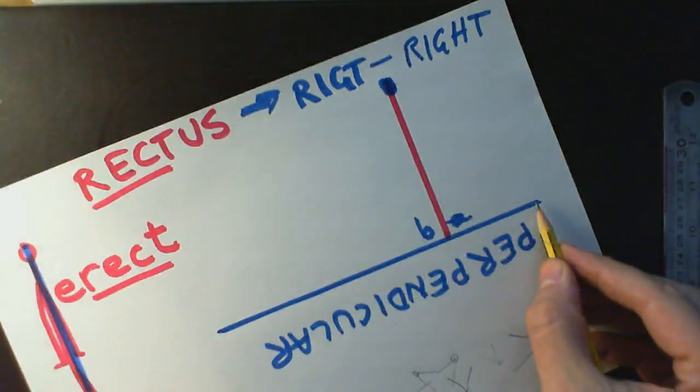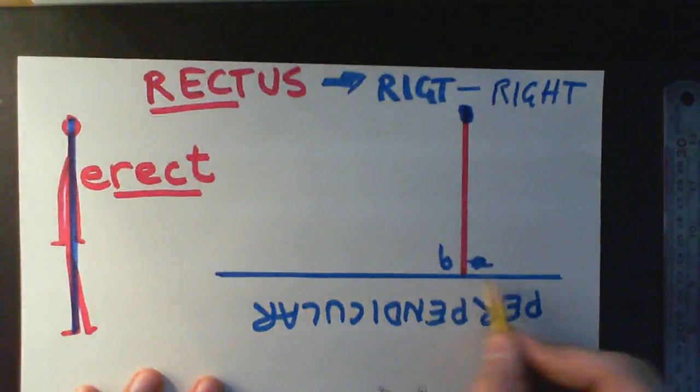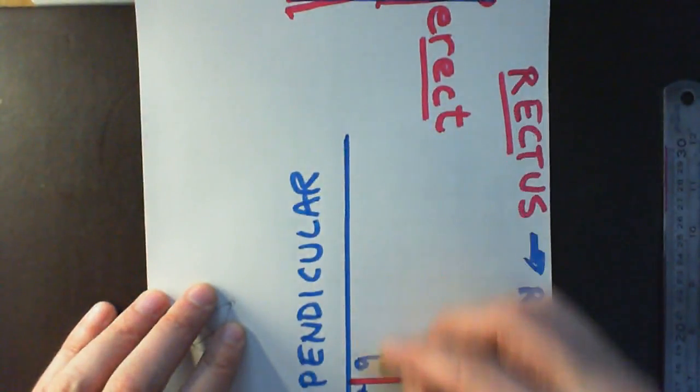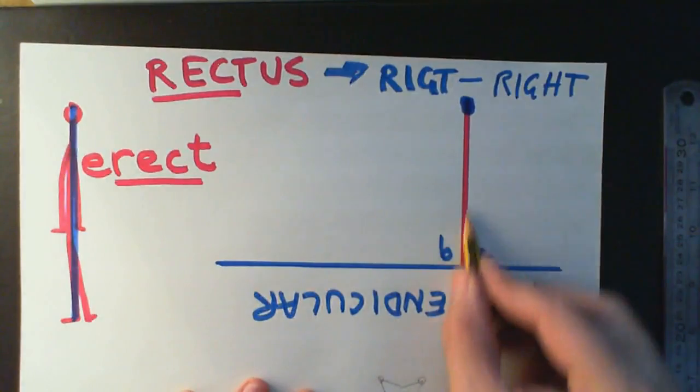We still call it perpendicular to the ceiling, or perpendicular to the floor, or perpendicular to the wall. Doesn't make any difference. So this line is perpendicular to that line. It's hanging down very, very straight.